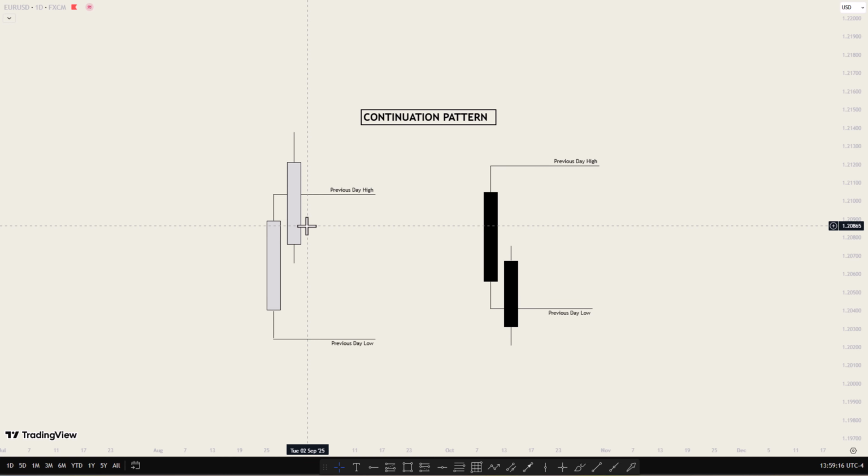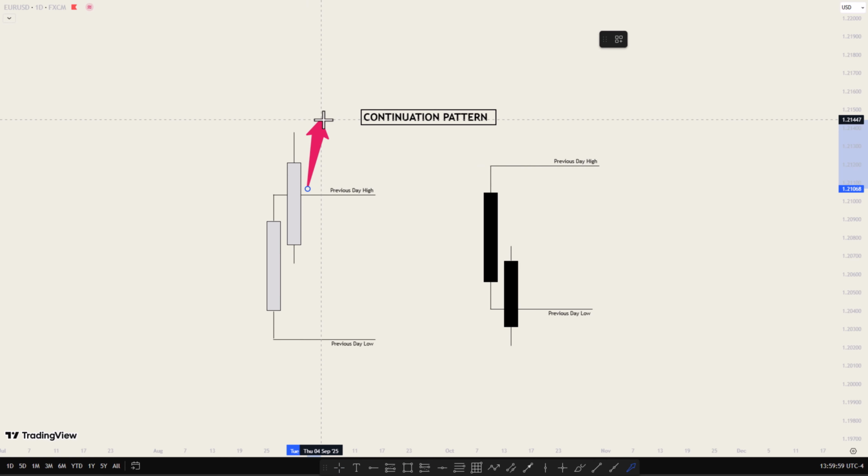At the close of the daily candle, you should know that a previous day high and a previous day low will appear. Coming to the next day, price has closed above the previous day high. Now you should know that price will be bullish the next day. When a new candle is going to appear, it's going to be a bullish candle, and this is what refers to a continuation pattern.